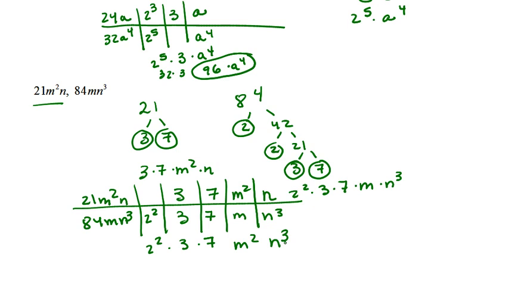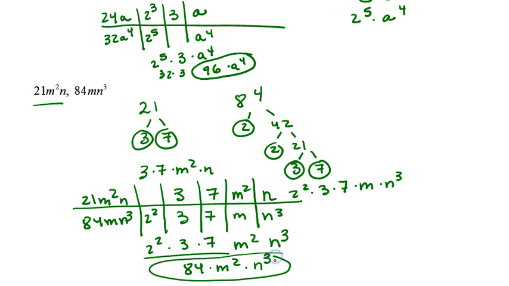So now if I multiply these together, I would get 84 times m to the 2nd times n to the 3rd. So this would be my least common multiple for these two monomials.